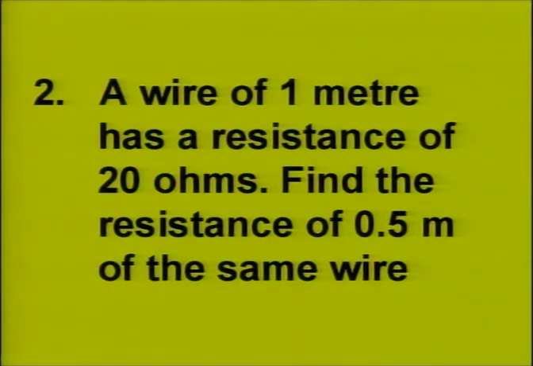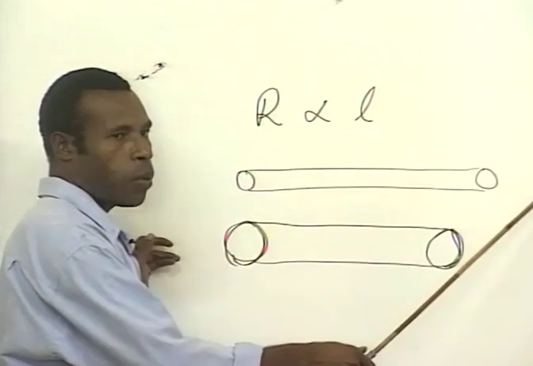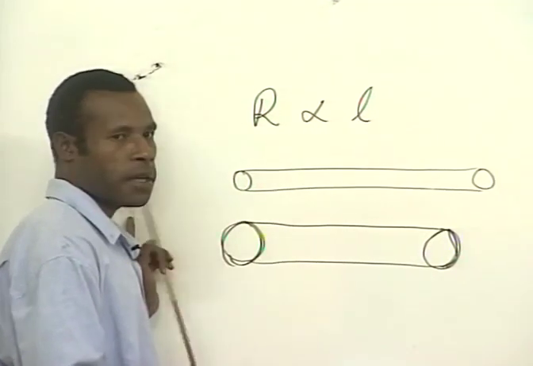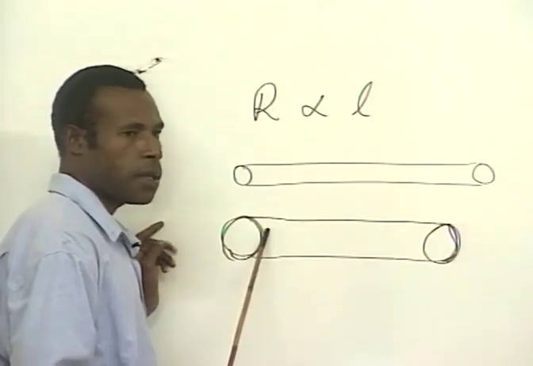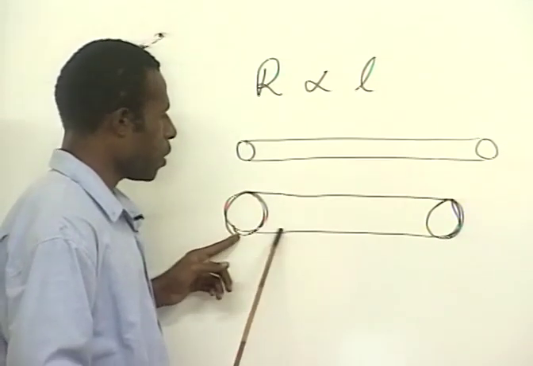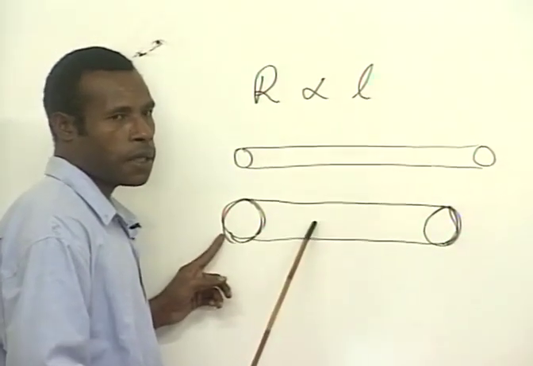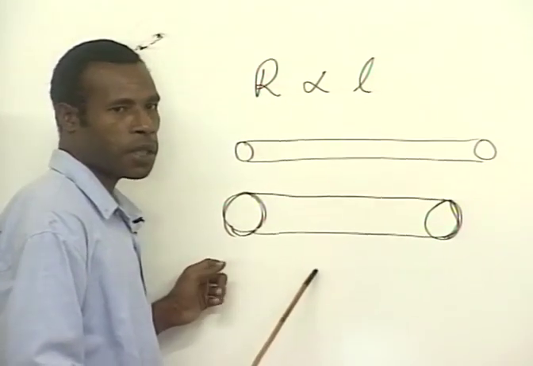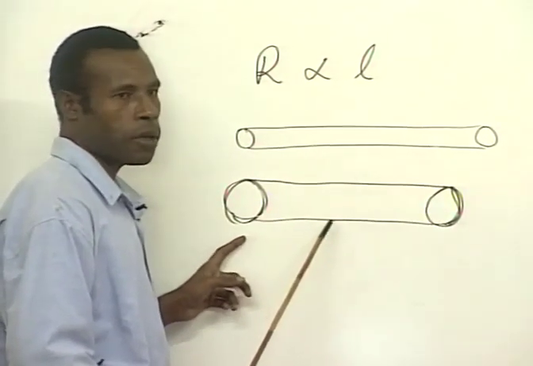All right, just to explain a bit on the wires. Since resistance is proportional to the length, the longer the wire and if it is thin, you'll find that it has more resistance. Now, if the wire is short and thick enough, the resistance will be low or less.